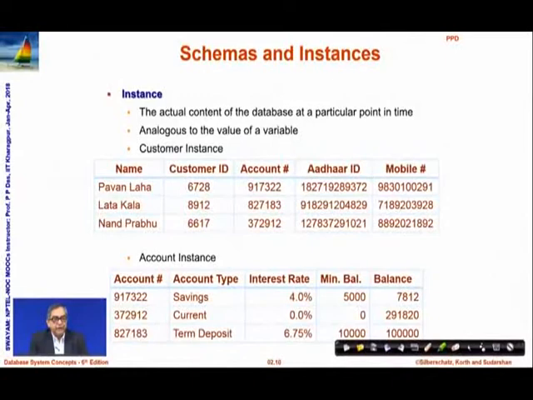Maybe at a certain time the bank might decide to change the interest rate for a certain type of account, then the interest rate field will get changed. New customers may come into the customer instance, and so on. So, instances keep on being updated, manipulated, added, deleted, but the schema remains unchanged.